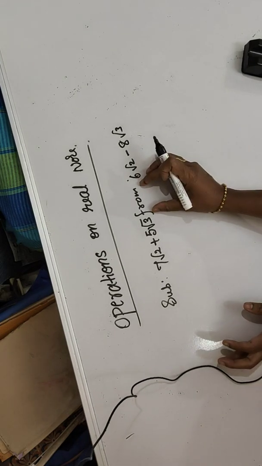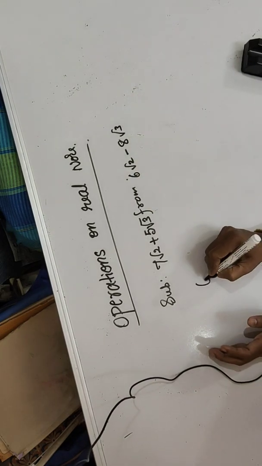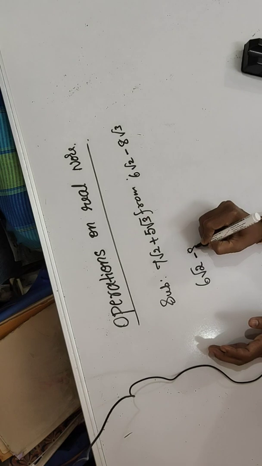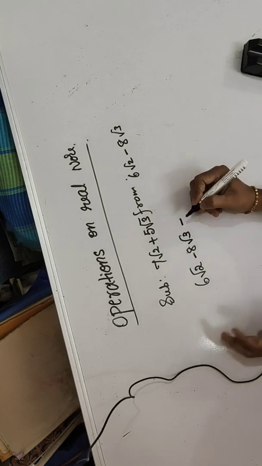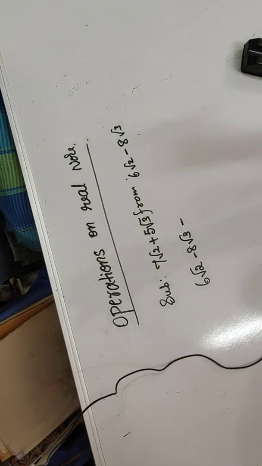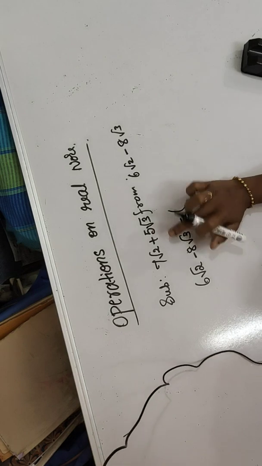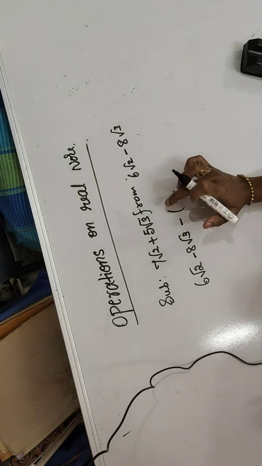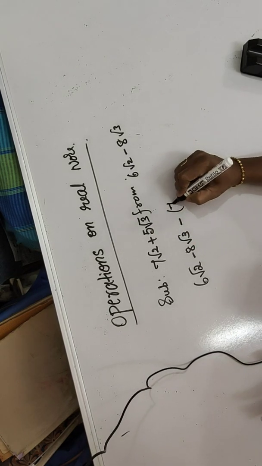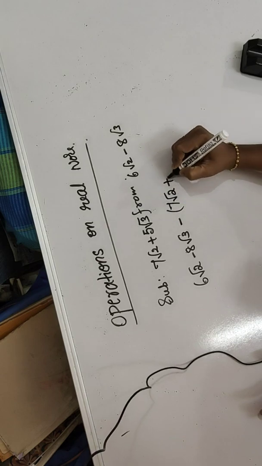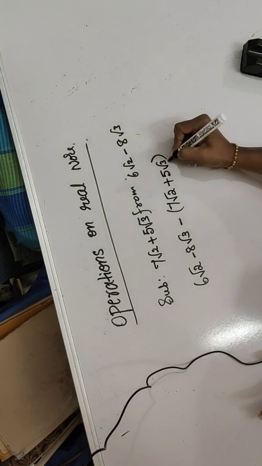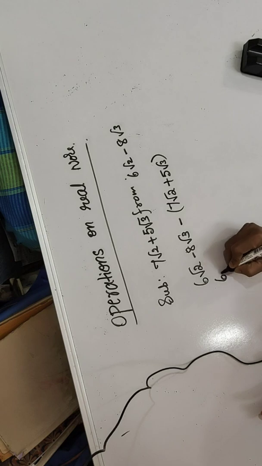From is there, when from comes we must write the second one here. Minus is there, see, while minus comes you must put the bracket, that you remember. Two sets are there, so you have to write the bracket. 5 root 3. Okay, now open the bracket.